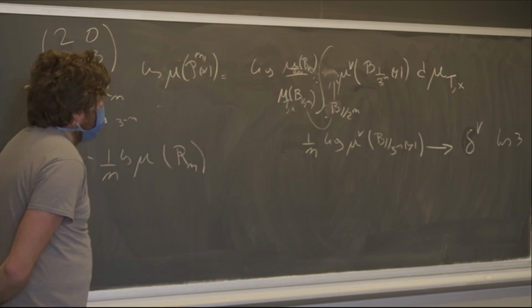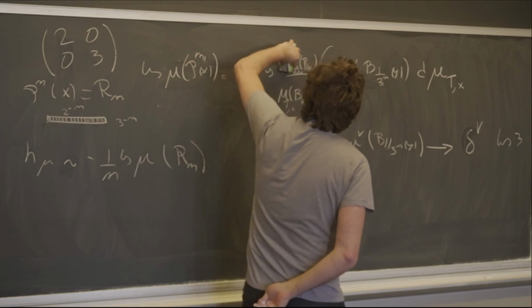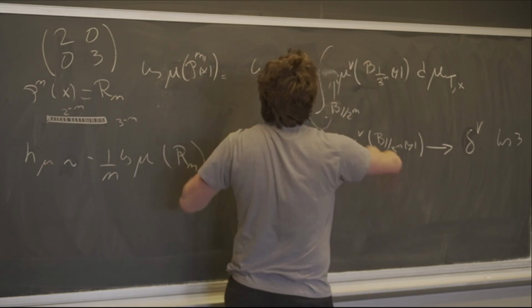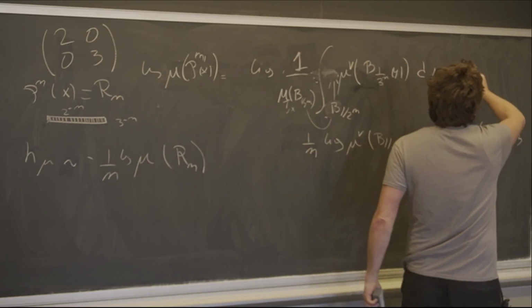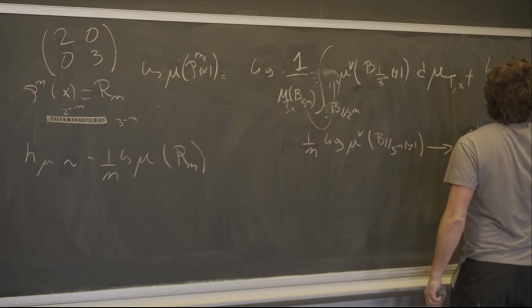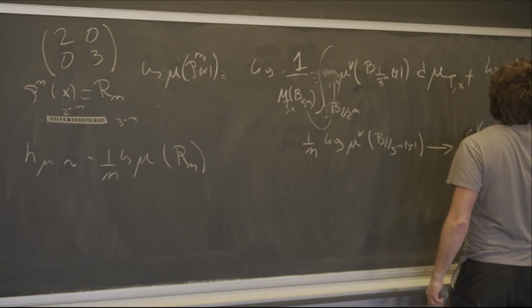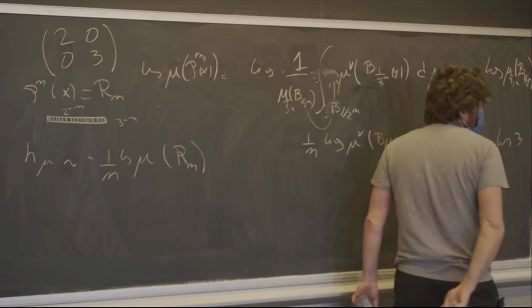And you get the logarithm. Then, as always, you remove this and put the 1 over n, log mu of this, dx, 1 over 2 to the n.